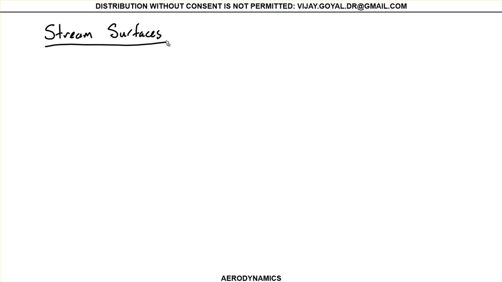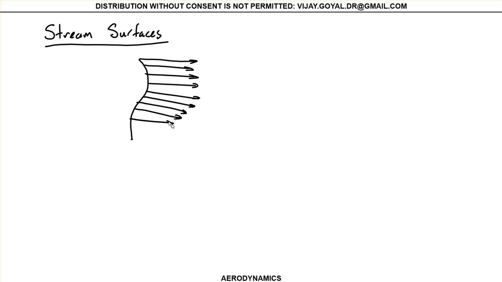Okay, a stream surface. Now, if you think about a small surface there, and now think a surface full of flow lines, right? Flow goes like this, but they will go across a surface that I decide. This surface doesn't have to be flat, it can be curved, like in this particular case.